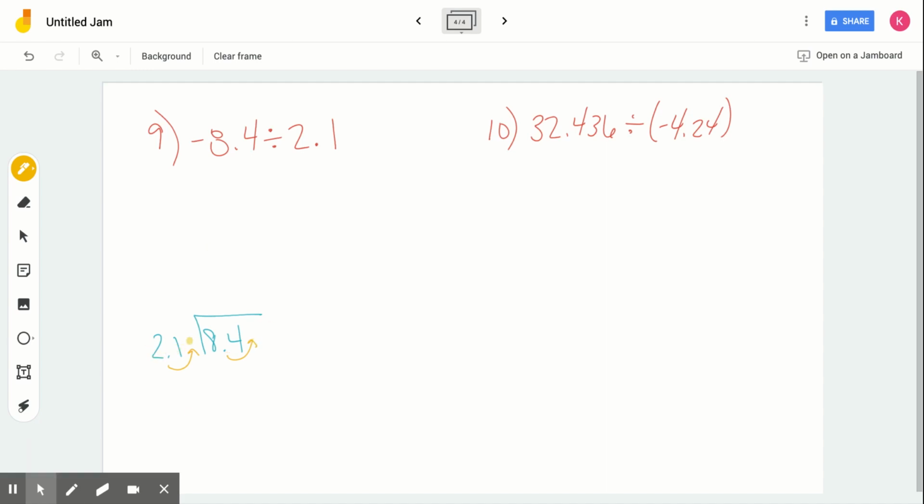So now 21 can't go into 8, but it can go into 84 4 times. 21 times 4 is 84, and there are 0 left over. A negative divided by a positive is a negative. So our answer for number 9 would simply be -4. Go ahead and give number 10 a try on your own and come back when you're ready to do it together.